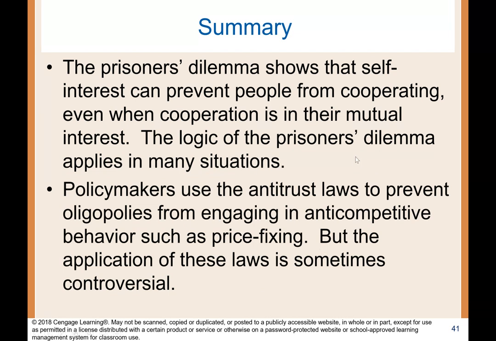The prisoner's dilemma shows that self-interest can prevent people from cooperating even when cooperation is in their mutual interest. The logic of the prisoner's dilemma applies in many situations. Policymakers use the antitrust laws to prevent oligopolies from engaging in anti-competitive behavior, such as price fixing. But the application of these laws is sometimes controversial.